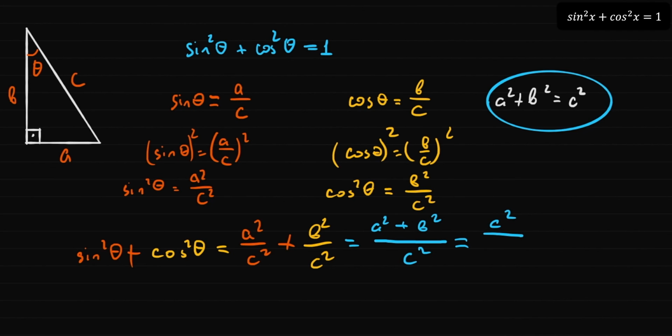And the denominator stays the same. And we know that c squared over c squared just cancels out, and we have 1. So just like that, we saw that sine squared theta plus cosine squared theta equals 1.